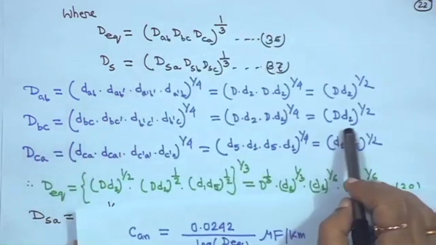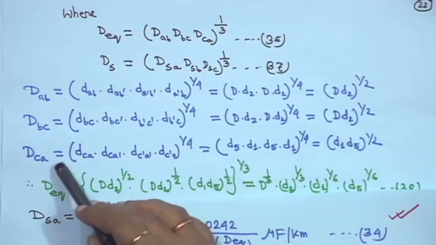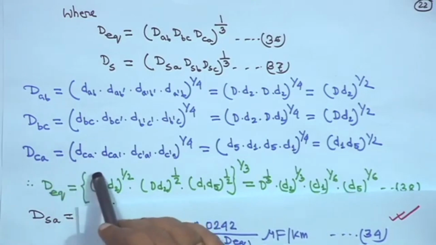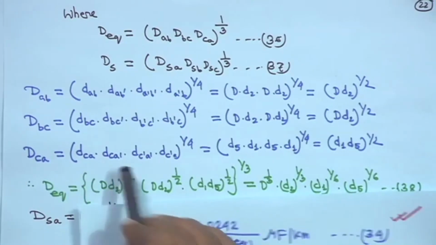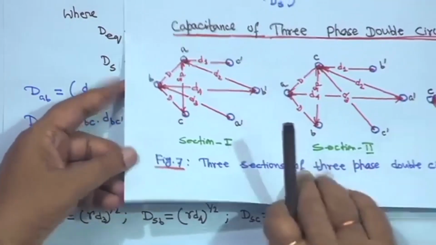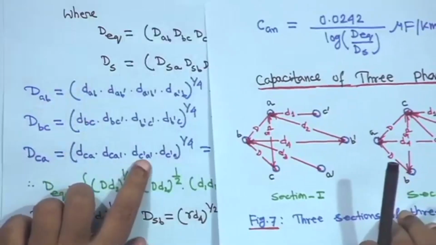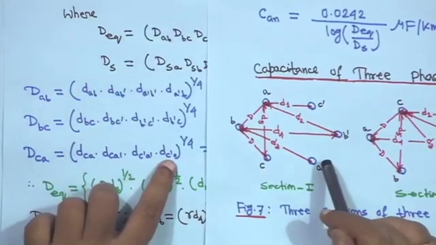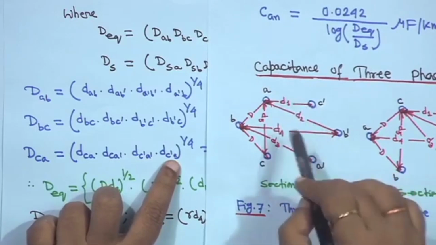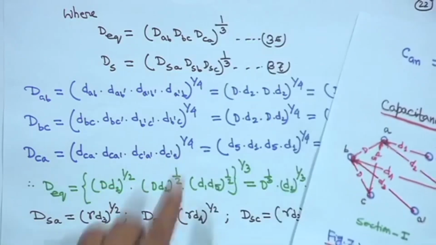From the symmetry AB and BC will be the same, but DCA will be different. Take all the 4 combinations here: DCA, DCA dash, DC dash A dash and DC dash A, from this transposition cycle 1 only, from this figure only, to the power 1 by 4.